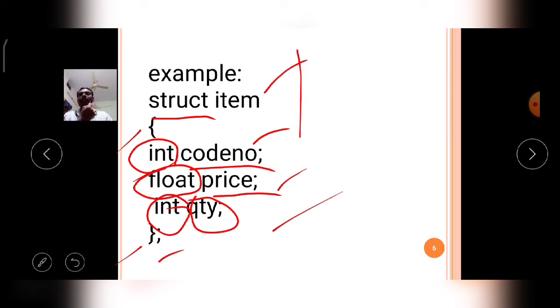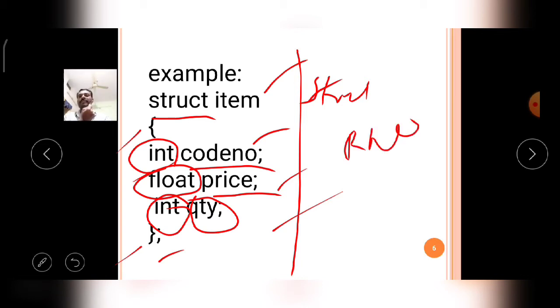Then for example, if you want to construct information about the student, simply use struct student. Okay, then in between struct student you have to mention the roll number RNO, then afterwards his name, then his marks percentage.